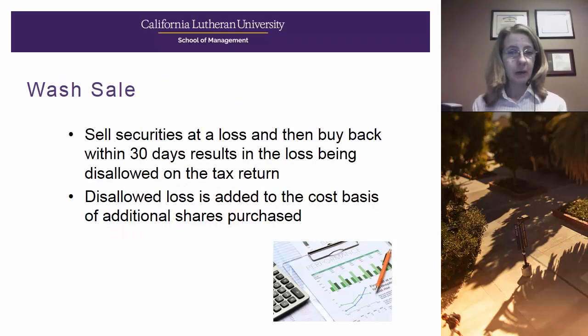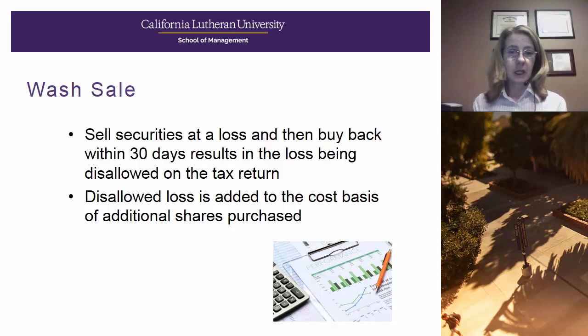So now let's talk about wash sales. If you sell a security at a loss and within 30 days of selling that security you repurchase the security, that loss is disallowed. Now, it must be the exact same security in order to trigger the wash sale rules.